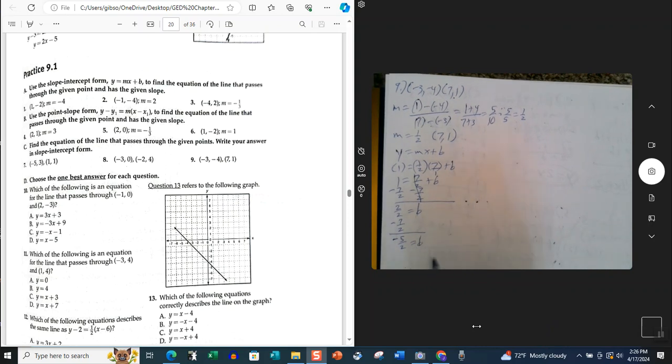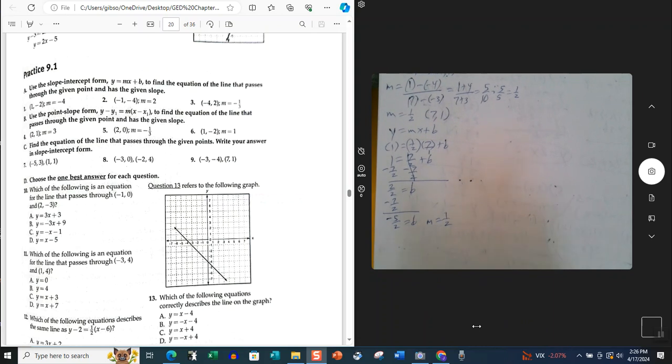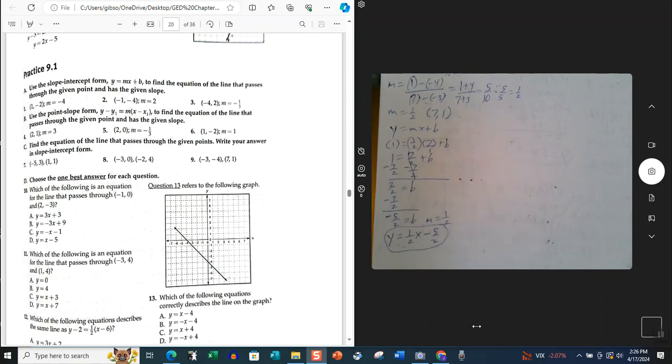So we have our y-intercept, and we had our slope from earlier, which was a positive 1/2. So now we can write our final answer. Y is equal to 1/2 times x minus 5/2. And that is it for problem number 9.